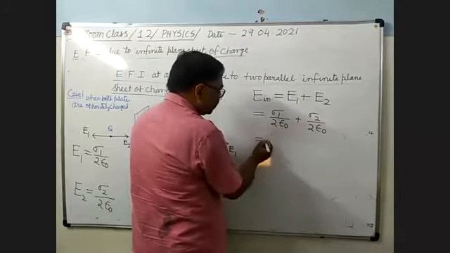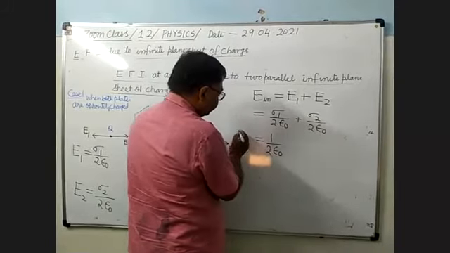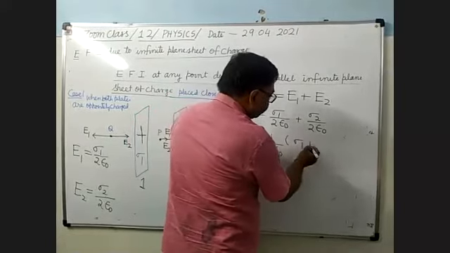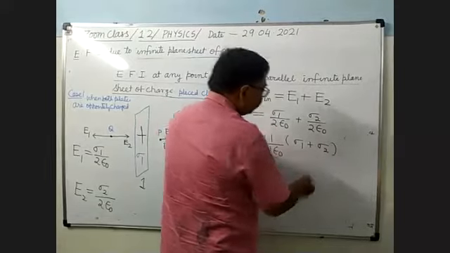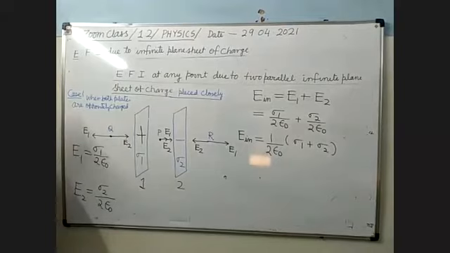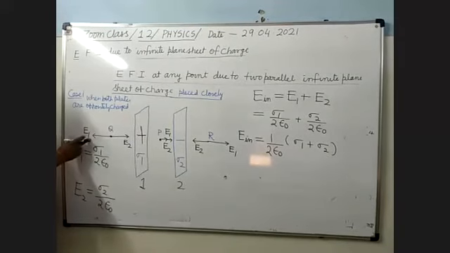You can take out 1 upon 2 epsilon naught common. That is sigma 1 plus sigma 2. It's clear?